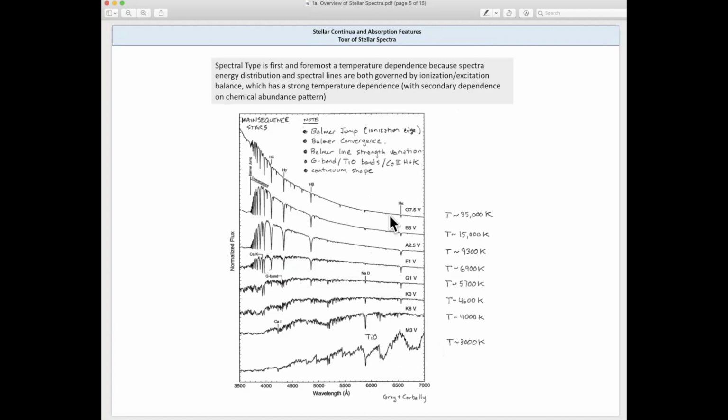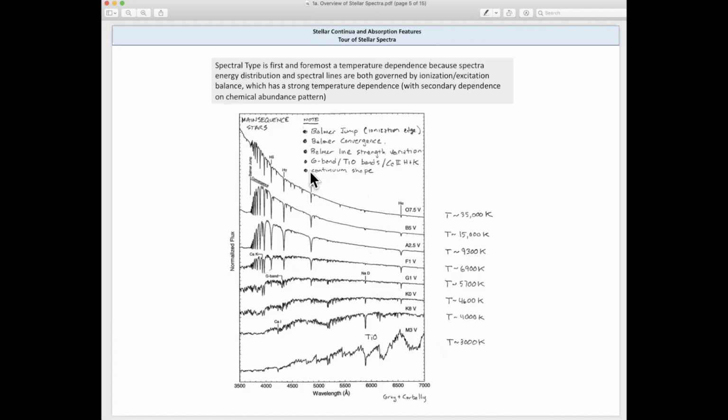Now, the other thing is the G band and the molecular bands and the calcium H and K. What I've taught you today are the very basic things of what you see in stellar spectra. You can go miles and miles deeper into them, but these particular features are what I would call the key surface features of all spectra.